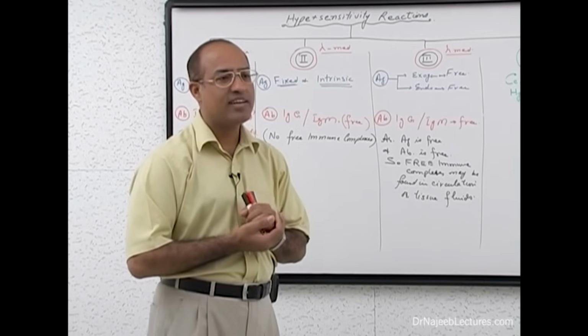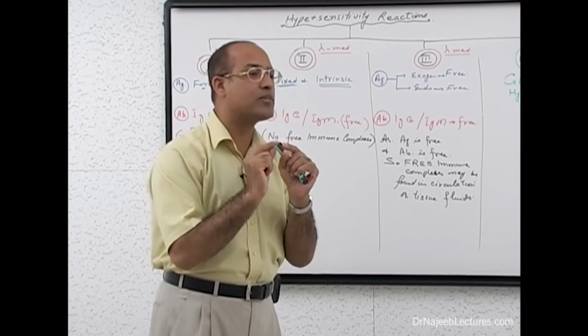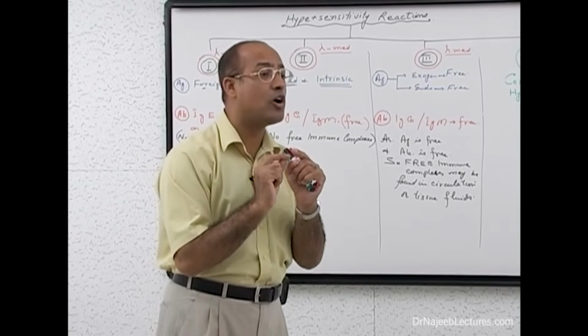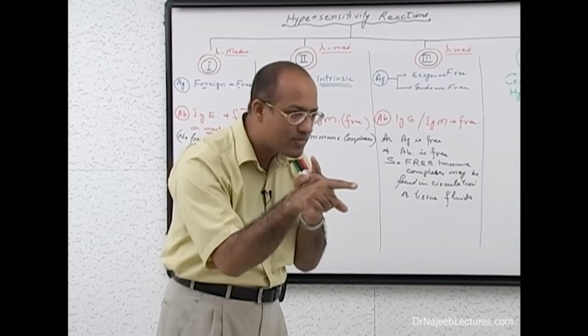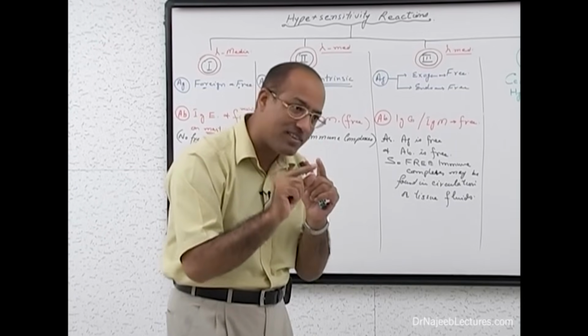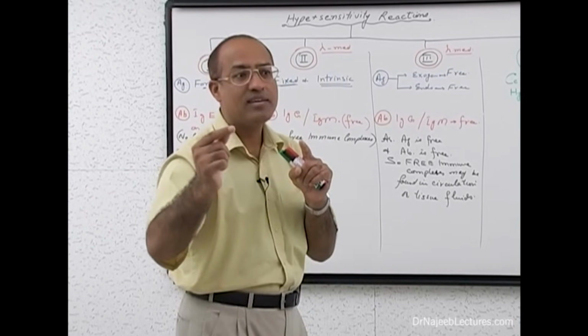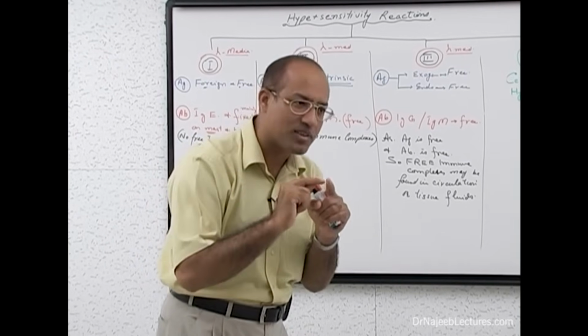And if I say that I give you a drug and that drug goes and binds with the antigens on RBCs, the drug modifies the antigens on the RBCs, and your immune system makes antibodies against the modified proteins of the RBCs.